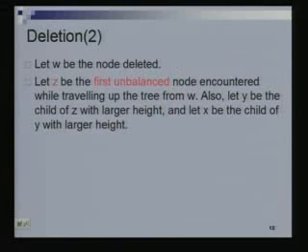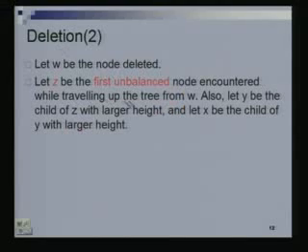Okay. So let's say W is the node that we are deleting. Now we are going to define our X, Y and Z slightly differently. Z is once again the first unbalanced node that we encounter as we go up from W towards the root. When I delete W, the ancestors of W, their height could reduce.